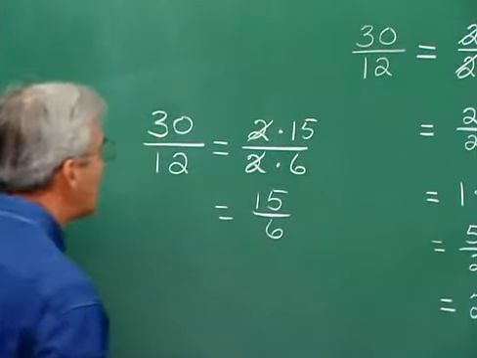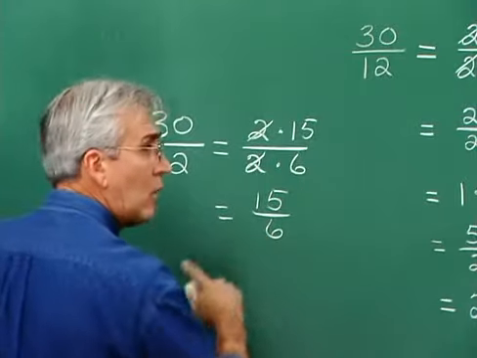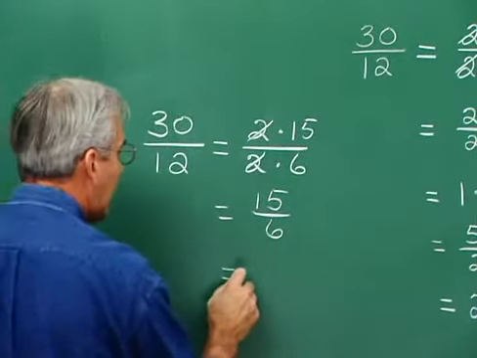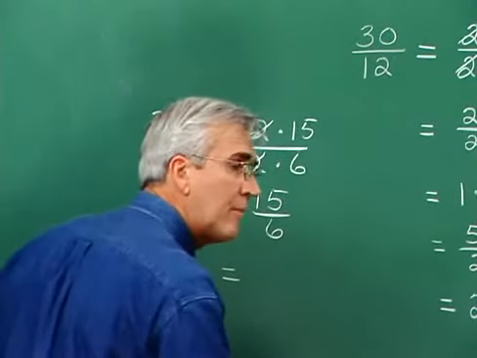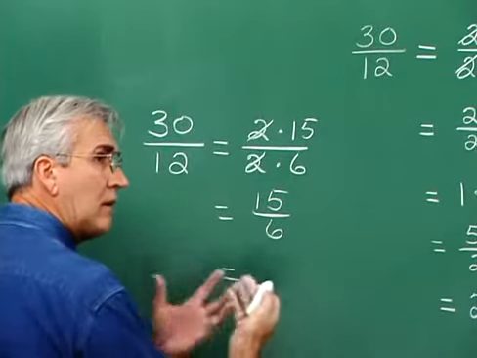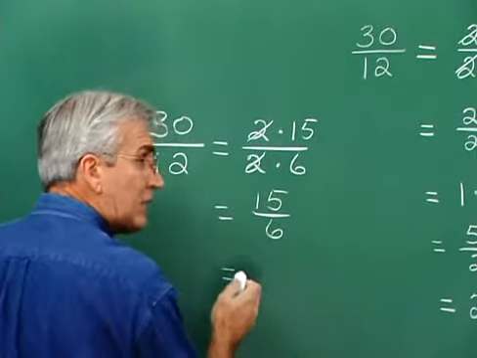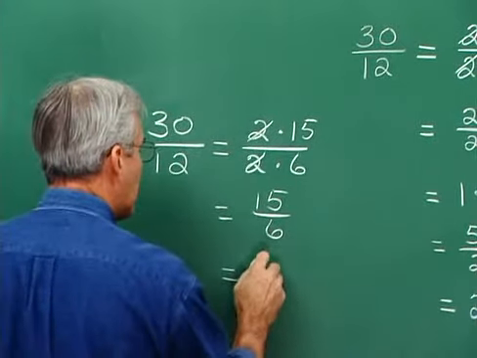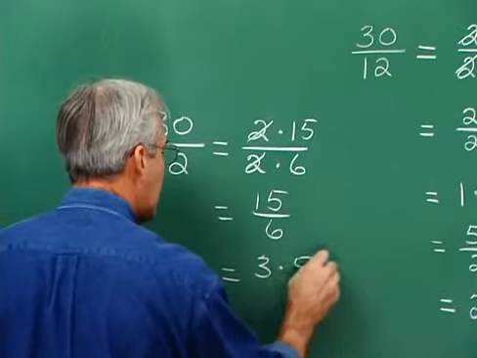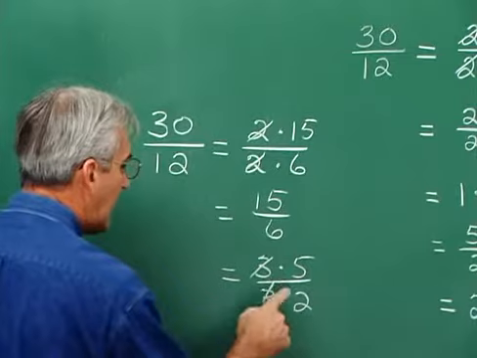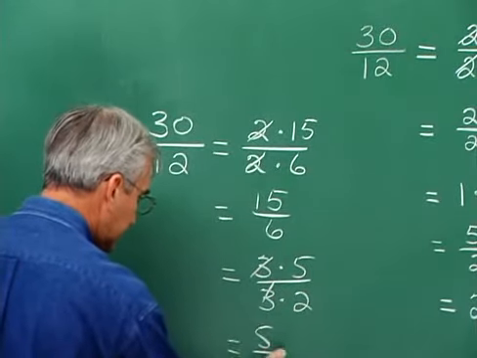And then someone might say, oh, wait a second, I've got 3's that go into both numerator and denominator here. Or you might say that I can factor both numerator and denominator by yanking out a factor of 3. So the numerator is 3 times 5, the denominator is 3 times 2, the 3's go out, and I have 5 over 2.